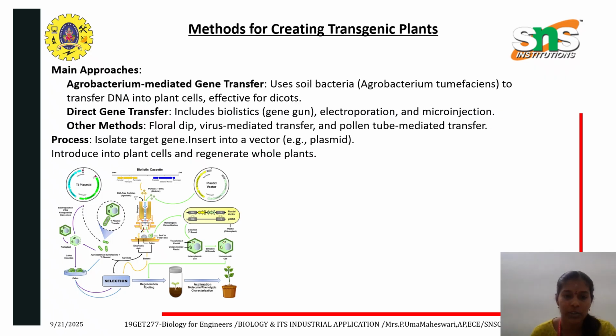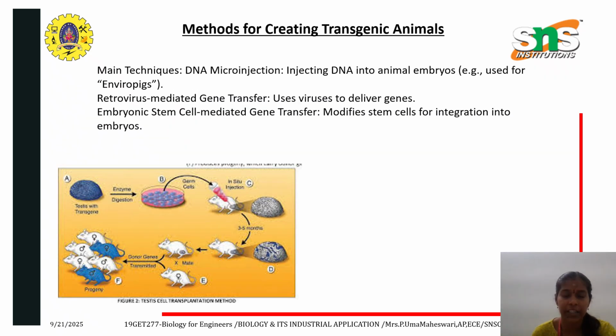Key methods for gene transfer: it is a mechanism and also a process. The method uses the soil bacterium Agrobacterium, which naturally transfers its own DNA. In the process, scientists insert the desired gene into an Agrobacterium Ti plasmid, that is, a tumor-inducing plasmid.